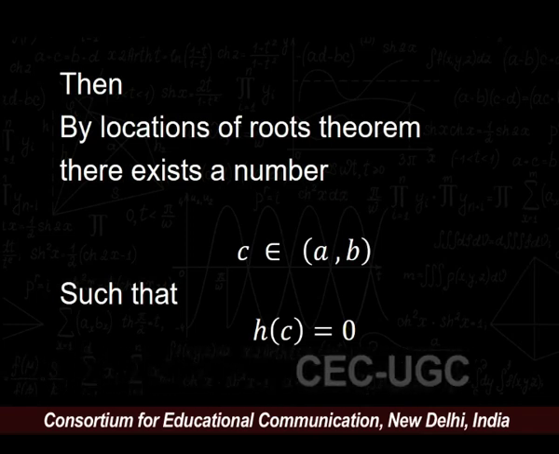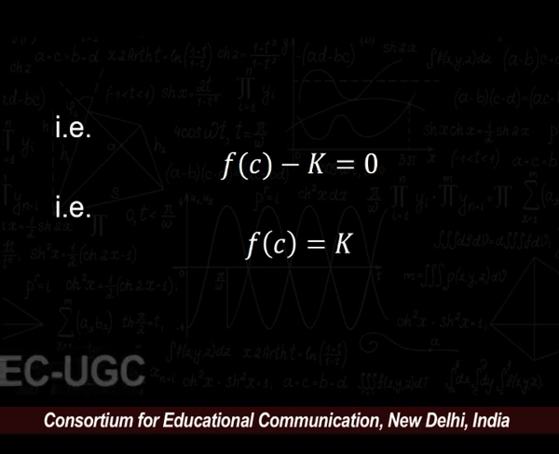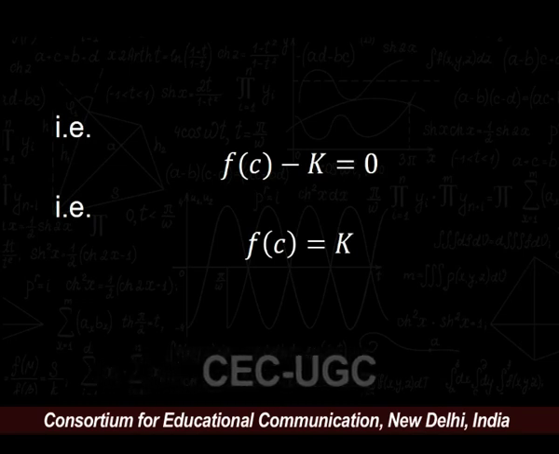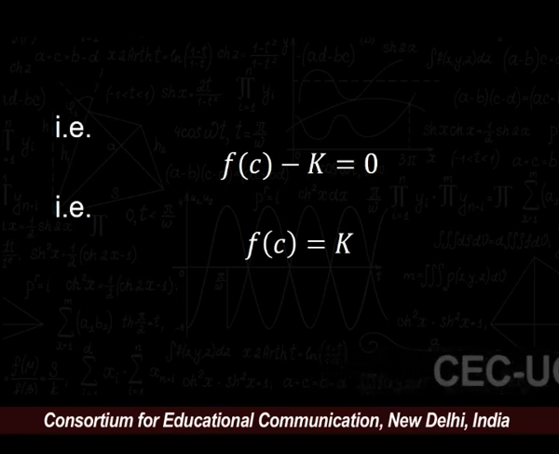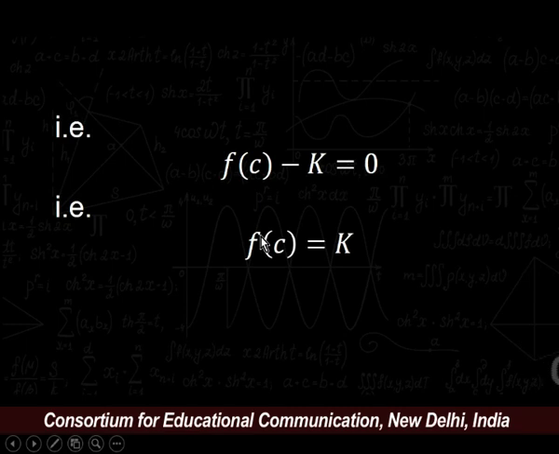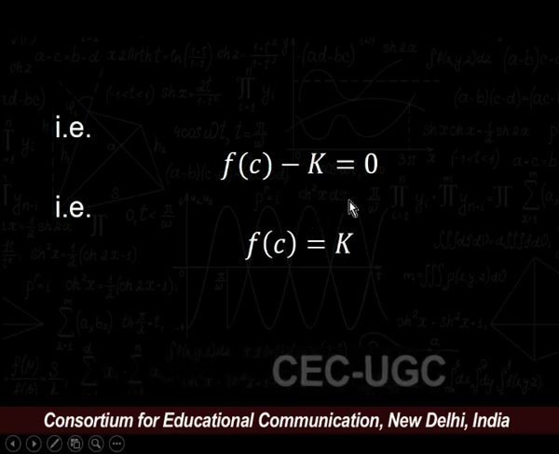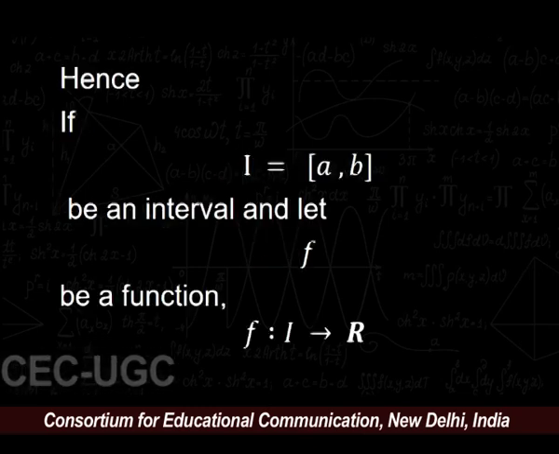Then if we replace the value of c in place of x, we get h of c is equal to f of c minus k, and by the location of roots theorem we get h of c is equal to 0 for c belonging to the open interval a comma b. Then from that we can say that f of c minus k is equal to 0. That implies f of c must be equal to k.